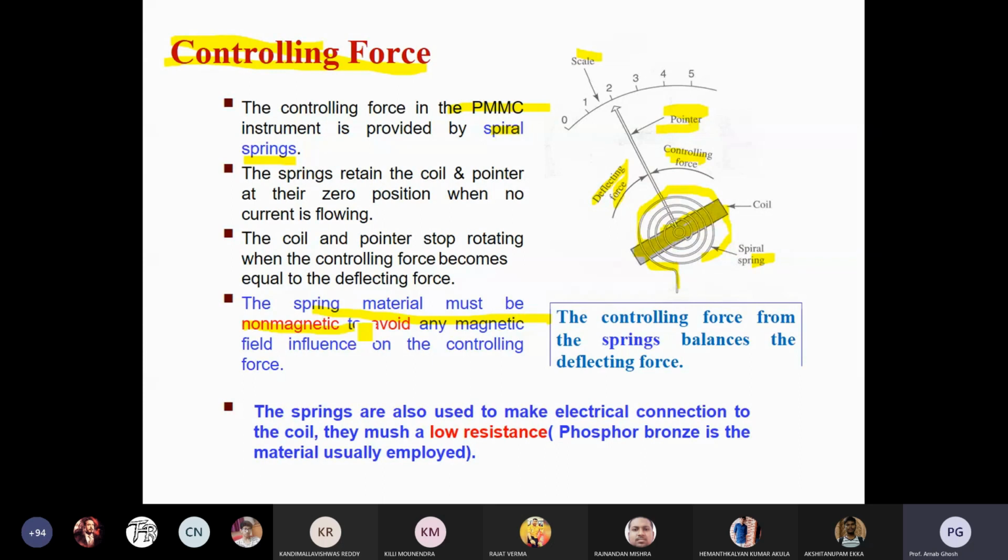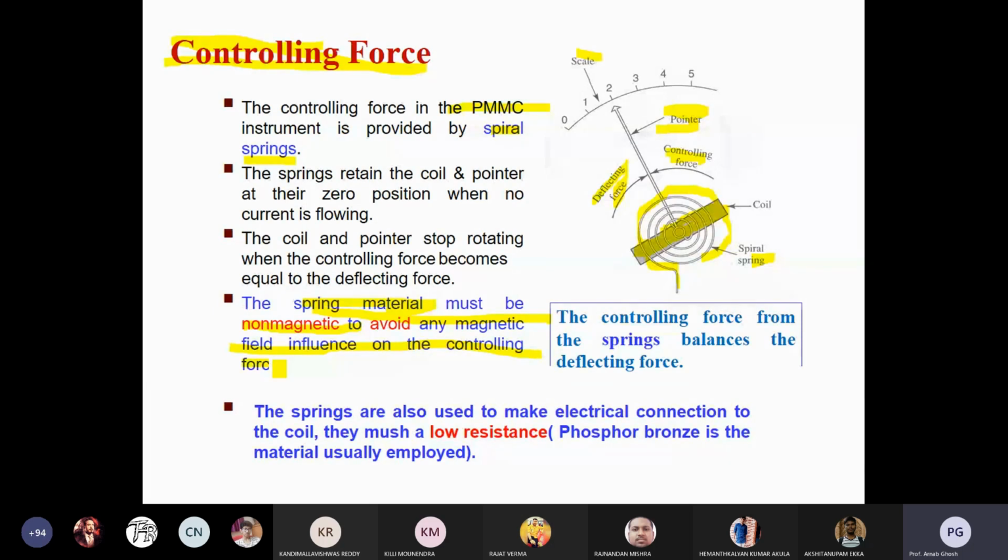So it is mentioned that the spring material must be non-magnetic to avoid the influence of the magnetic field on the controlling force. Otherwise, that force may give some influence, meaning more parameter deviations. Here you can see in the diagram, the controlling force from the springs balances the deflecting force.